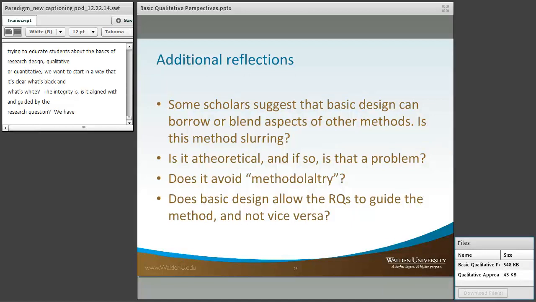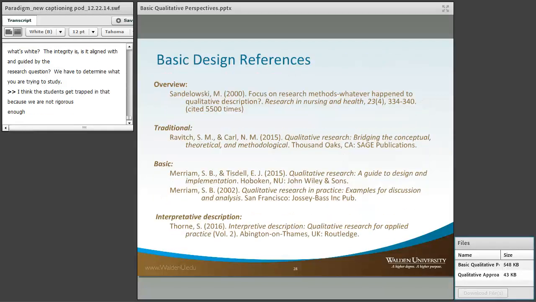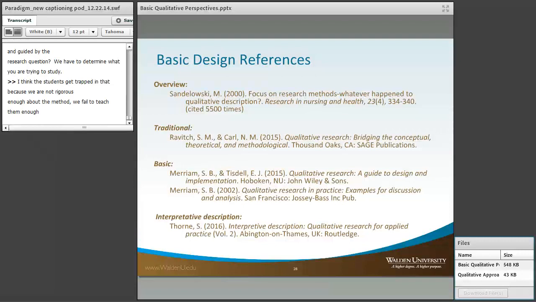And one reason I think our students get trapped in that is that they aren't rigorous enough in their search for scholarly sources about their method. We fail to teach them enough about how to find articles in methodological journals, like this great article I'm showing now by Sandelowski, who has three or four articles on this problem.